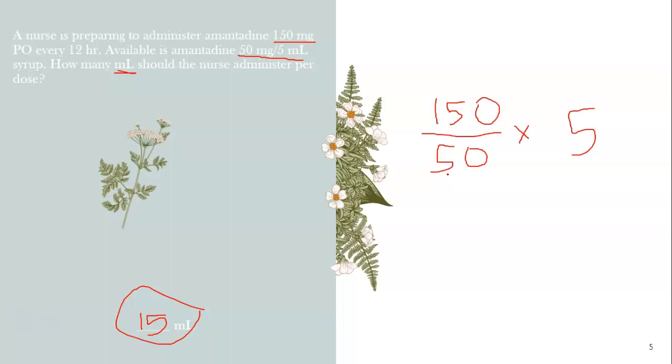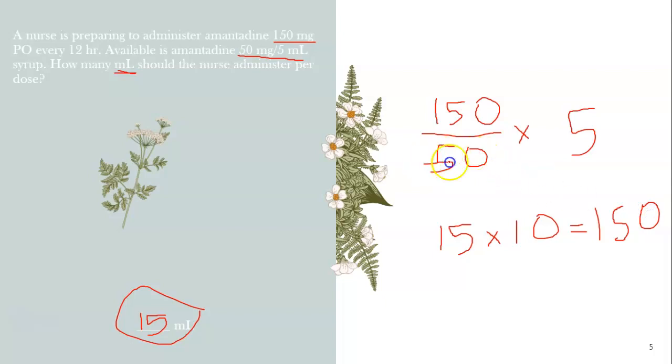The other way that I can double check myself is if I know there's 50 and 5, what's in 1? 10. So then I can go ahead and say, okay, I'm giving 15 mils, and each one has 10 mils in it. Oh, it comes out to be the same answer, 150. So I have double checked myself multiple times.